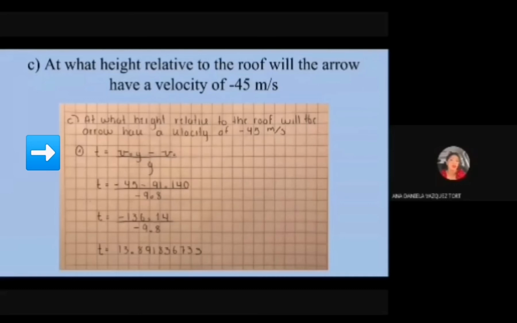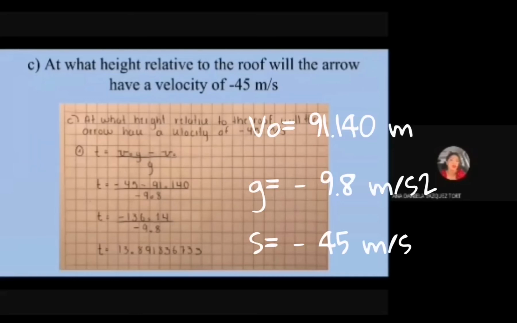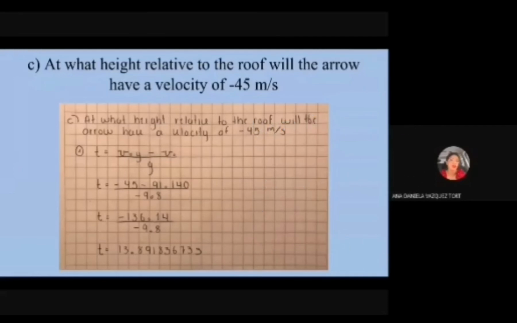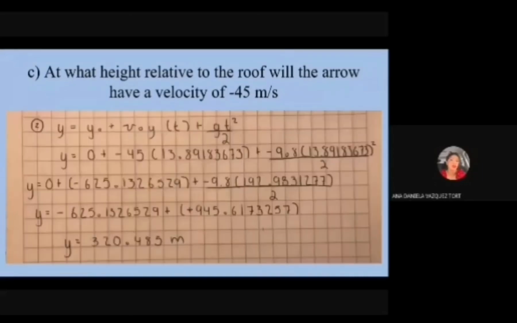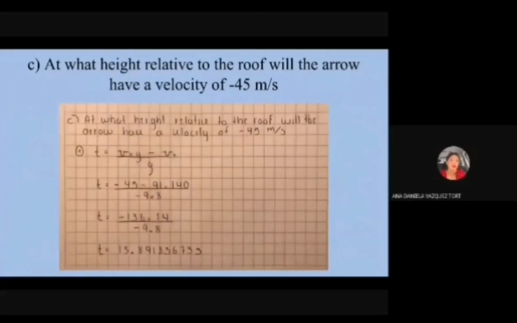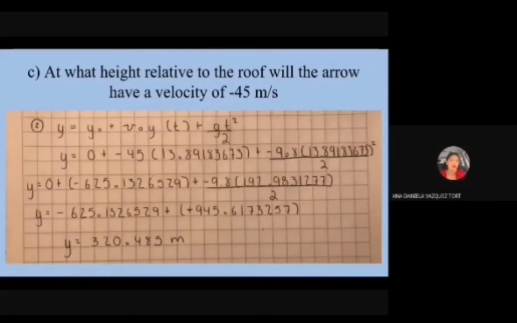The values we are going to use are minus 9.8, which is gravity, minus 45, which is the speed in y, and the velocity that we got in the first problem, that is 91.140. The final result is a negative 13.890. To round it, we use two decimals, so it's 13.89.